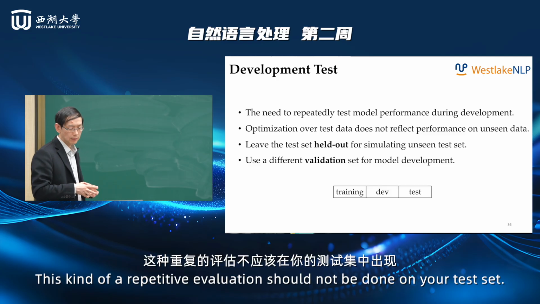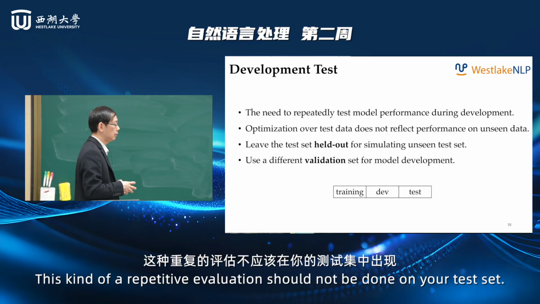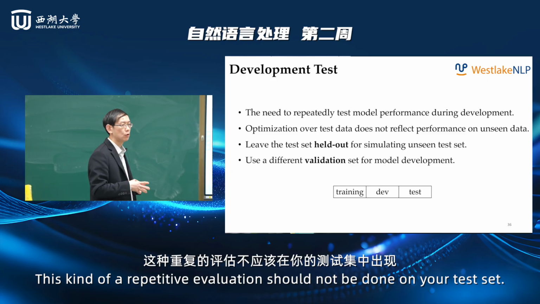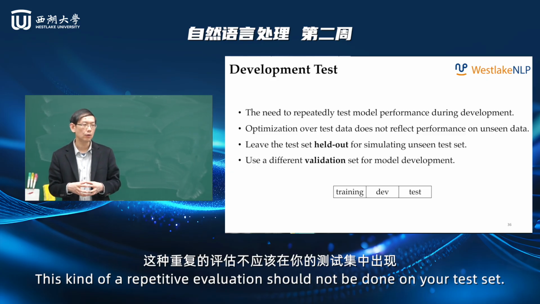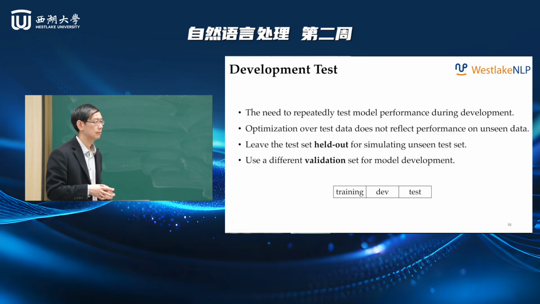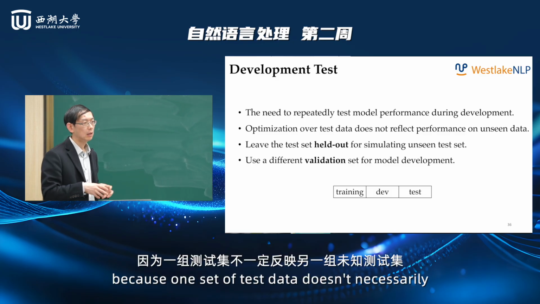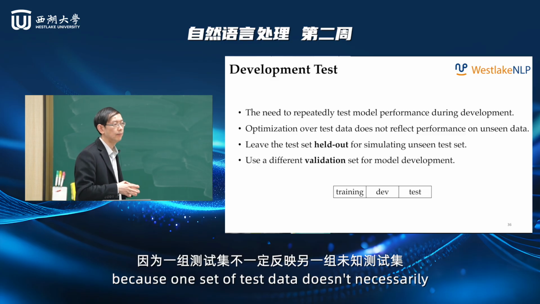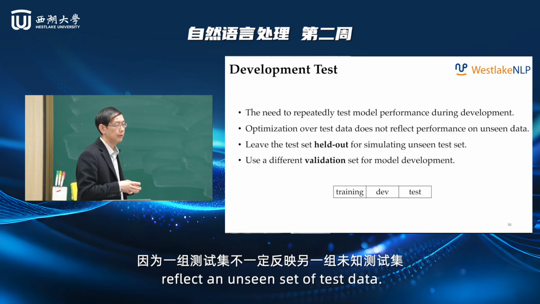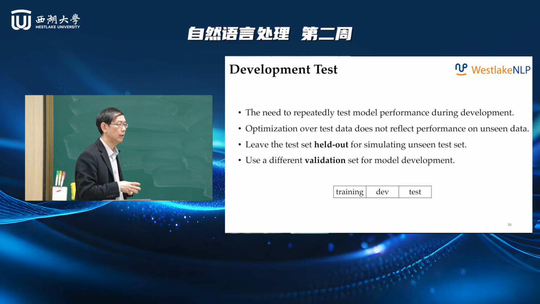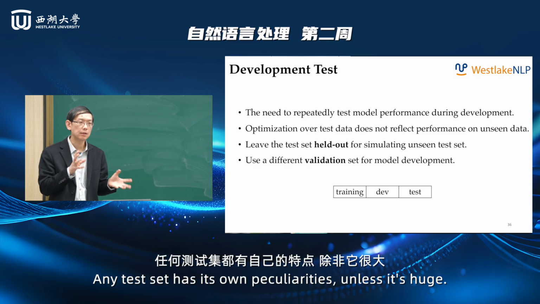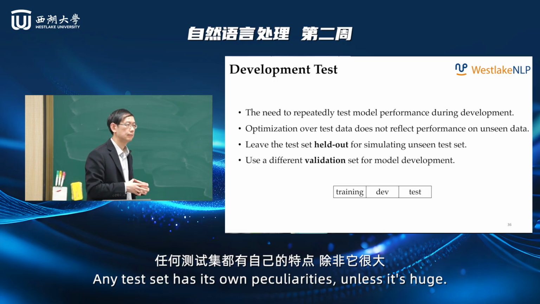This kind of repetitive evaluation should not be done on your test set. The reason is very simple, because one set of test data doesn't necessarily reflect an unseen set of test data. Any test set has its own peculiarities, unless it's huge.